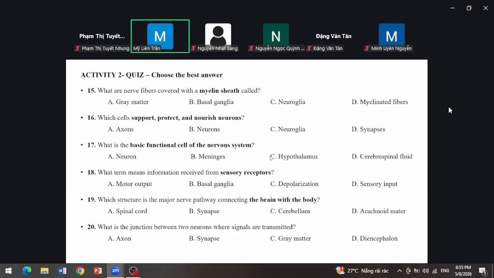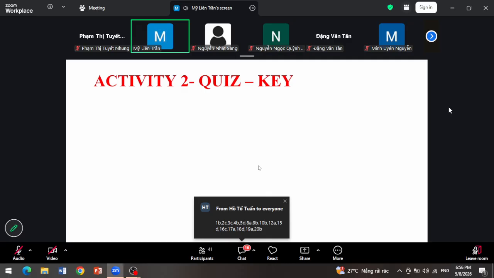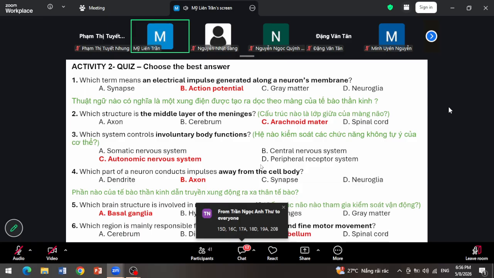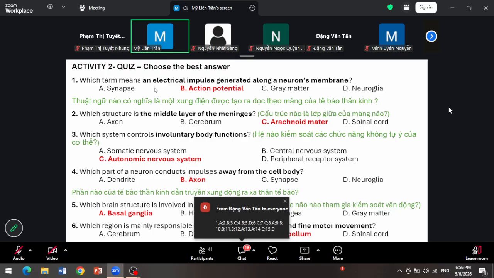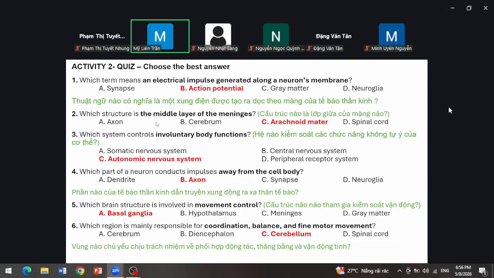Okay, now let's put the answers together. 1. An electrical impulse generated along a neural membrane: action potential. 2.